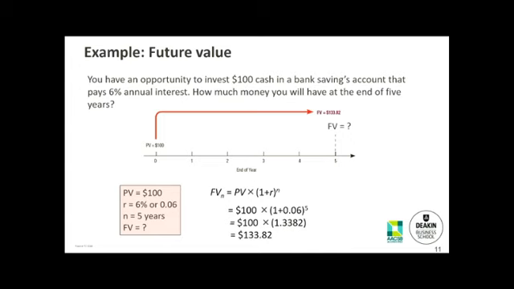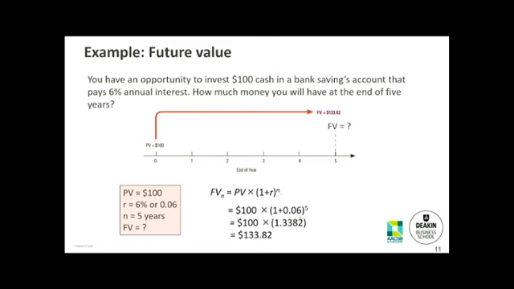How much money will I have in my pocket in 5 years' time? How to work it out? Present value, 100, right? Interest rate, 6%, right? N, how much is it? N, the number of years, 5 years, am I right? $100 present value, 6% interest rate, 5 years.